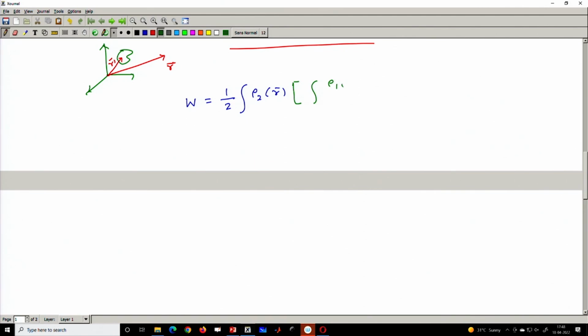That is rho 1 r prime, then dv prime divided by 4 pi epsilon 0, then r minus r prime, bracket close, and then I already have dv. So, this term I just group, and this term is nothing but phi 1 at the point r.